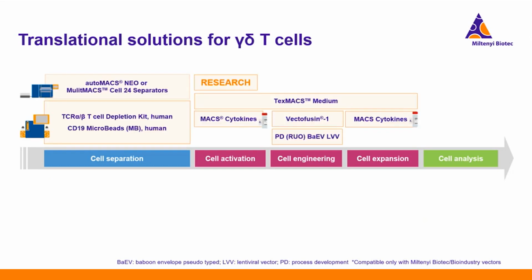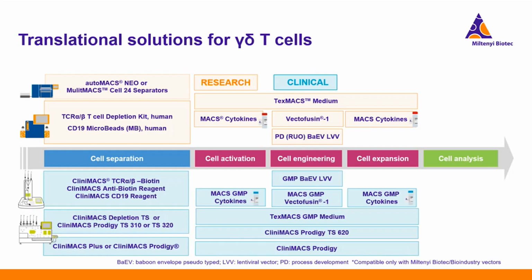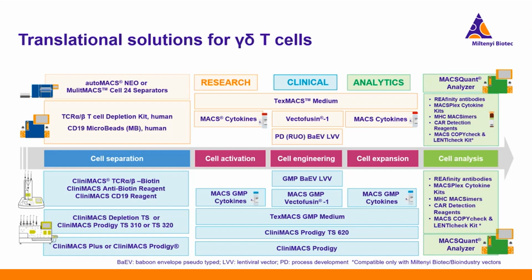And here, this is an overview of the translational products that we have at the moment for the preclinical research, as well as the ones that can be used in the clinical manufacturing, including also different analytical tools, mostly based on flow cytometry, to complement the analytical assays that have to be performed.